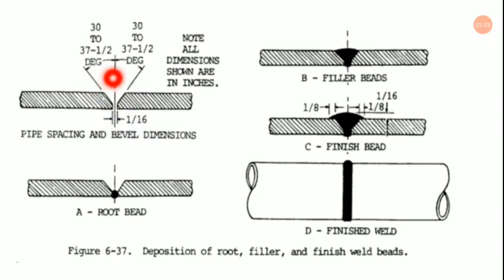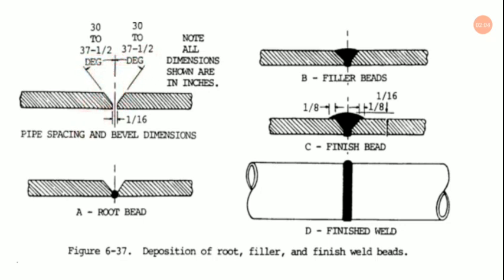This is the angle at which you have to make the bevel before deposition of the filler material, and all the dimensions seen here are in inches. The gap is 1/16, and the inclination is the angle up to which it is beveled, around 30 to 37.5 degrees.